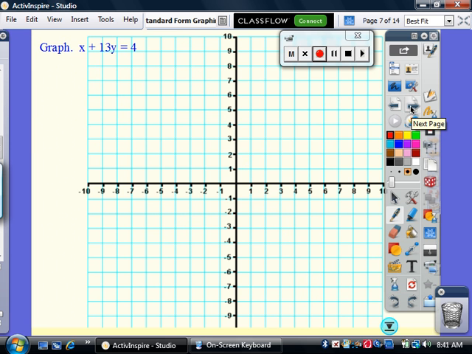Alright, let's look at this one. Write it beside a graph. We're looking for the slope. We have the equation. We're looking for the x-intercept, and we're looking for the y-intercept.